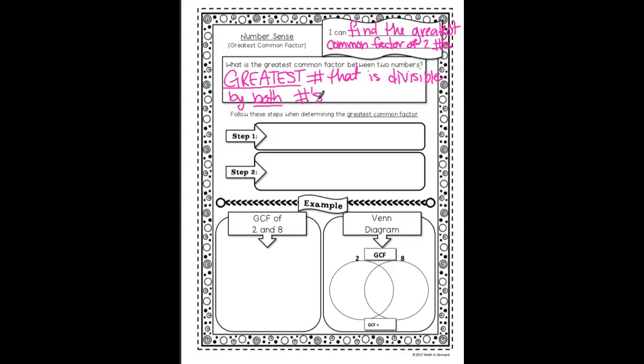Okay, so we're going to follow these steps when we're finding the greatest common factor. The first one you're going to write, so you're going to list all factors for each number.